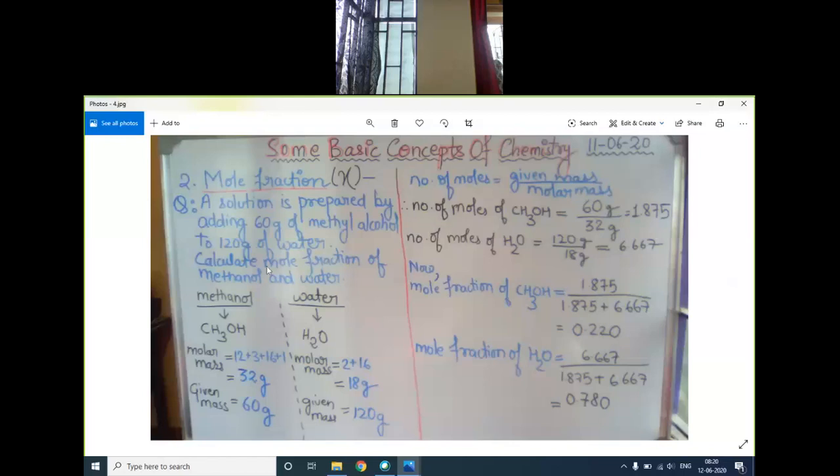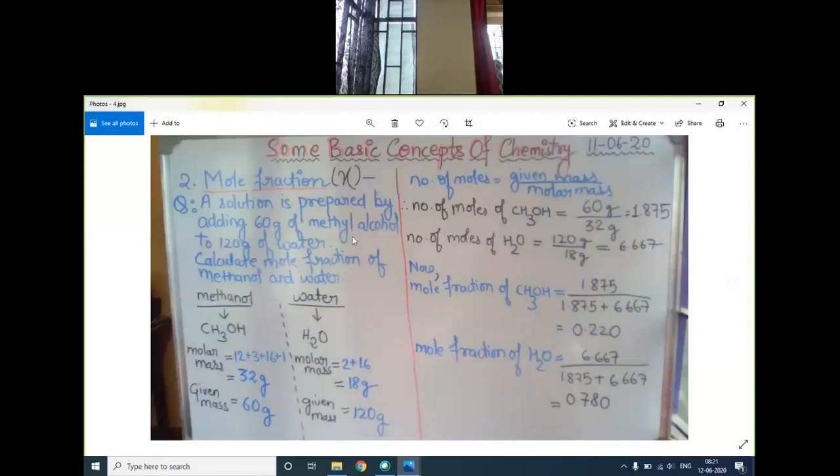Here you have to calculate the mole fraction of methanol, that is the methyl alcohol, plus the mole fraction of water. So there is a solution prepared by mixing methyl alcohol and water. So there are a total of 2 substances in the solution and their masses are also given.